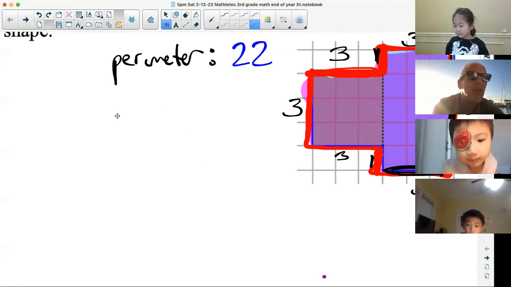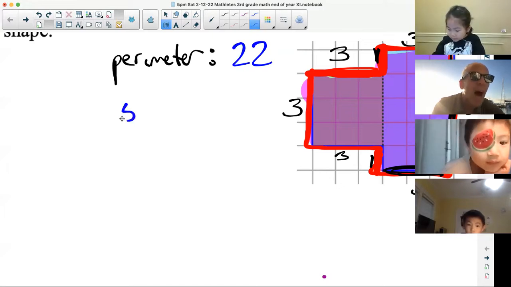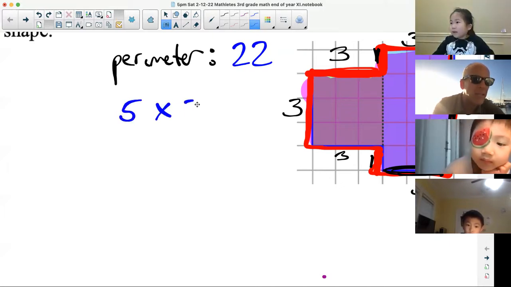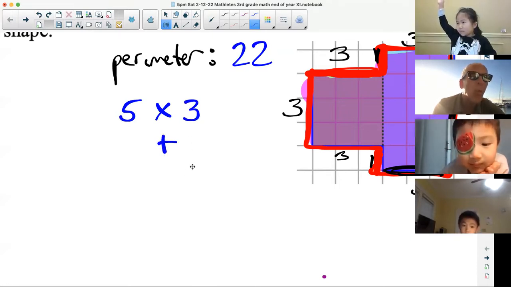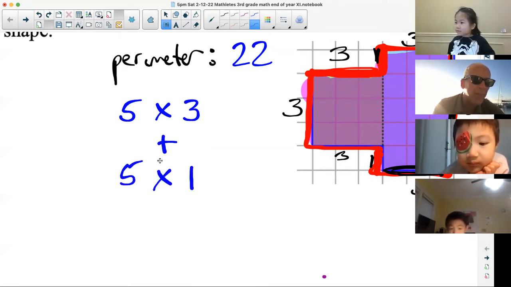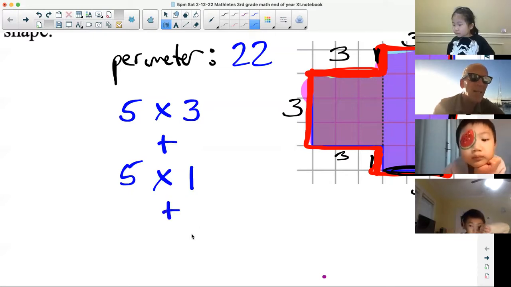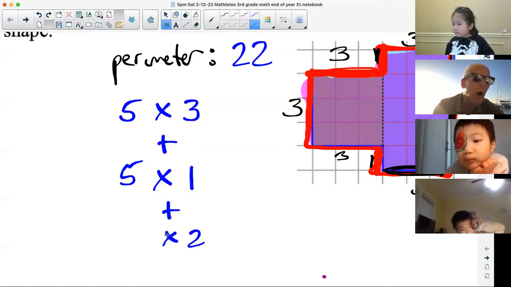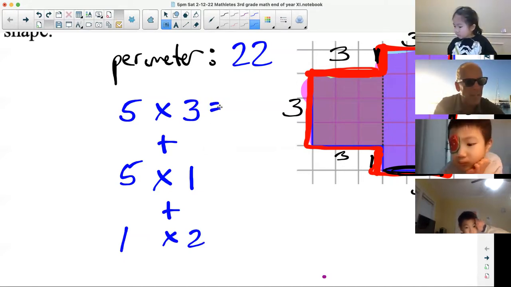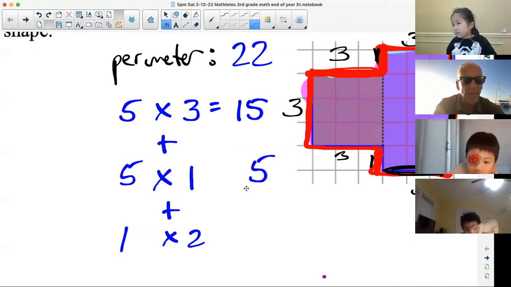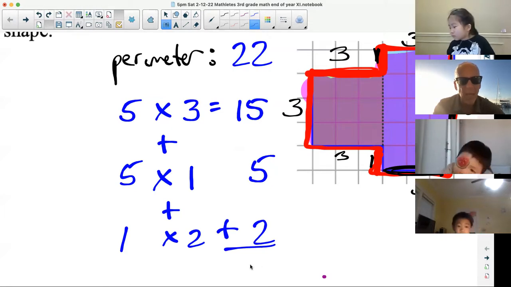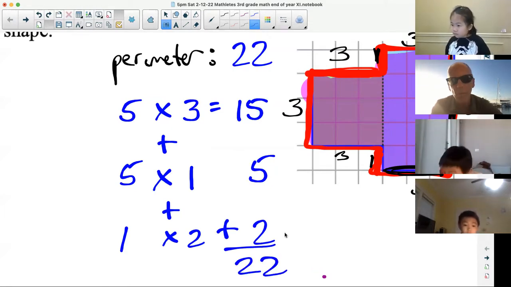But how many of you saw 5 threes plus 1 5 plus 2 1s? Now we know that 5 threes is 15, 5 1s is 5, and 1 2 is 2. And if you add those up, you get 22.